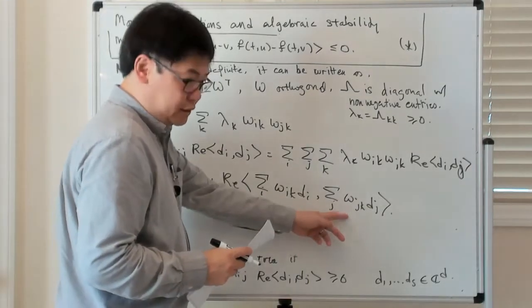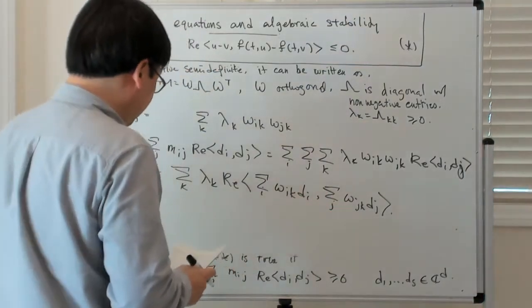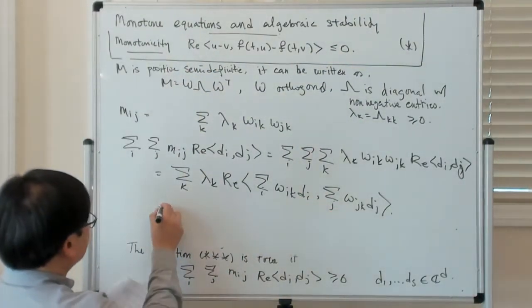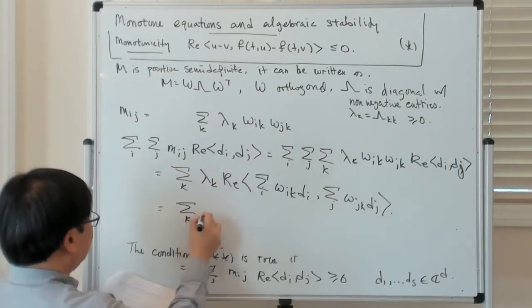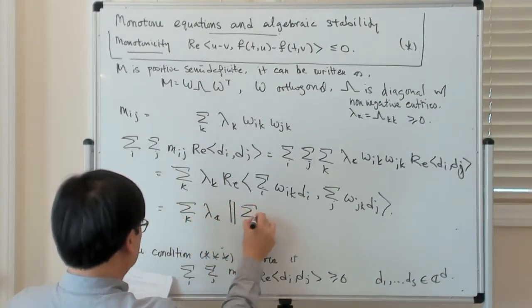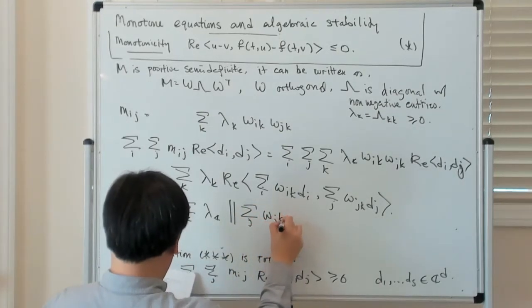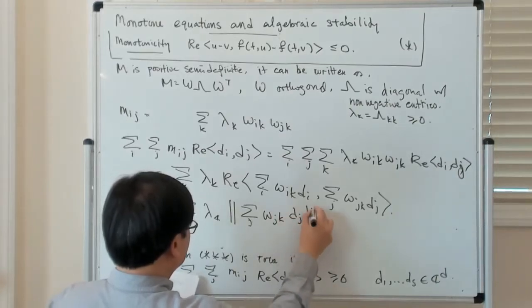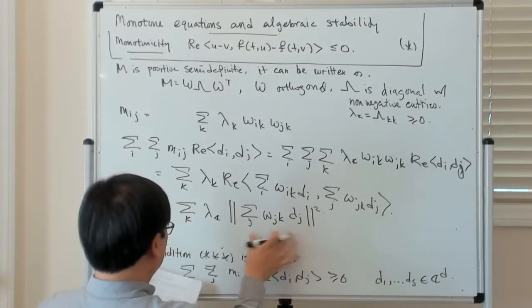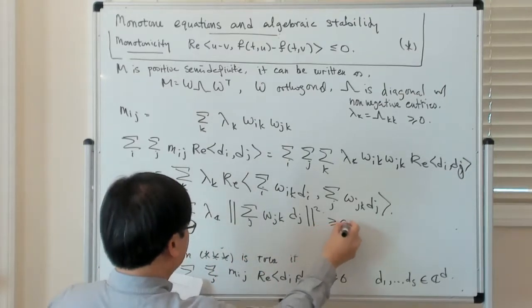These two are really just the same vectors with a different choice of indexing, right? So this is equal to the sum over k of lambda_k times the norm squared of sum w_jk d_j. This is non-negative, this is non-negative, so the whole thing is non-negative.